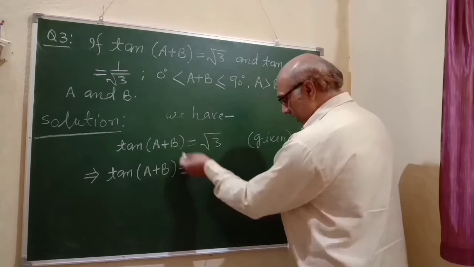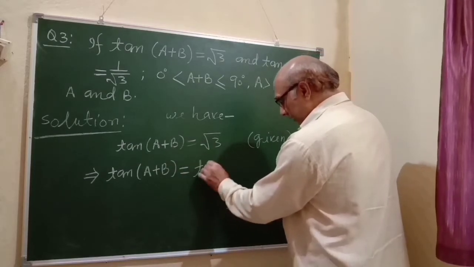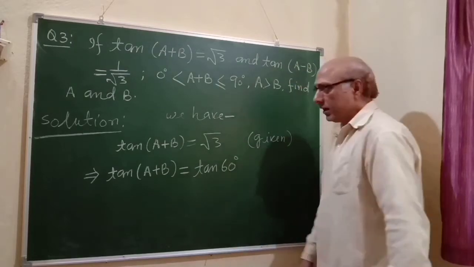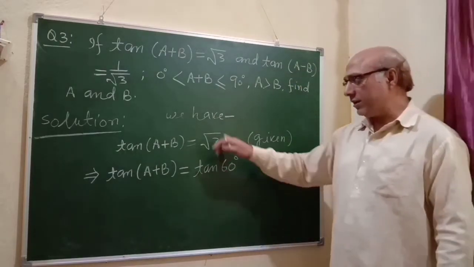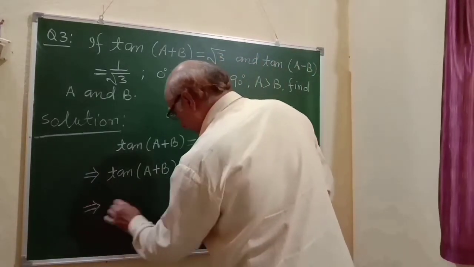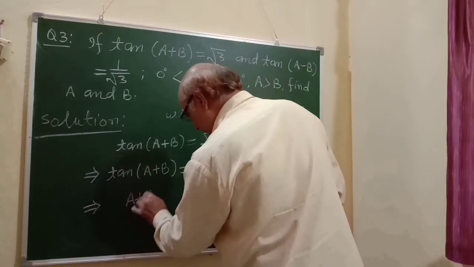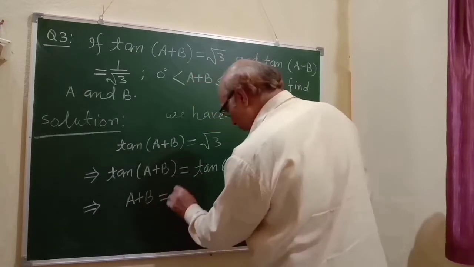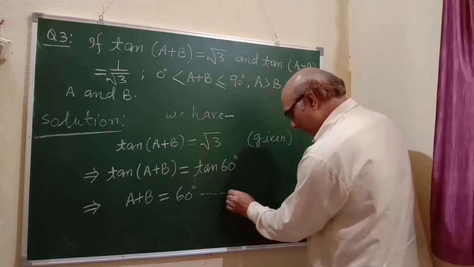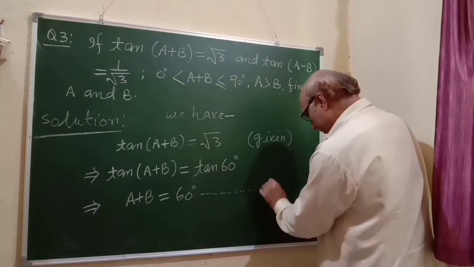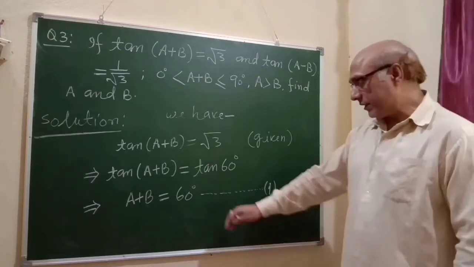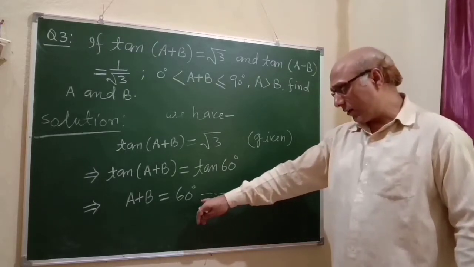Root 3 can be written as tan 60 degree. Here the value of tan 60 degree is root 3, and this implies that a plus b equals 60 degree. This is equation number 1.